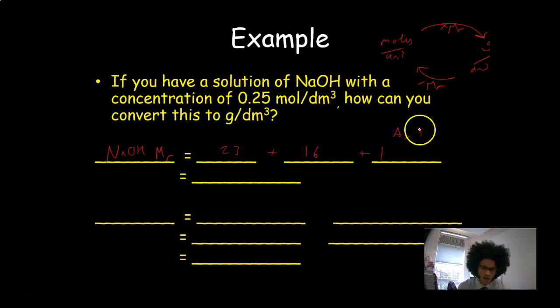These are the AR of sodium, the AR of oxygen, and the AR of hydrogen. So 23, 39, that would be 40. Then you can do your conversion.